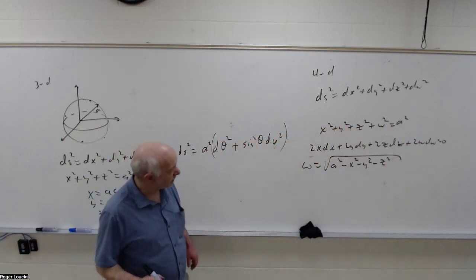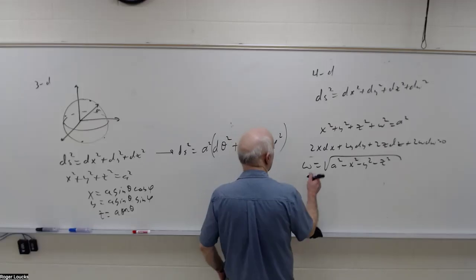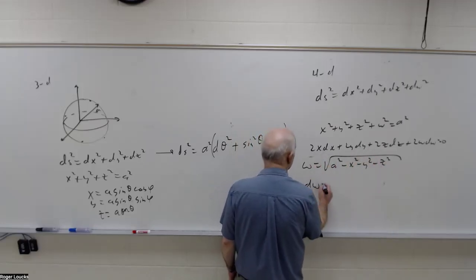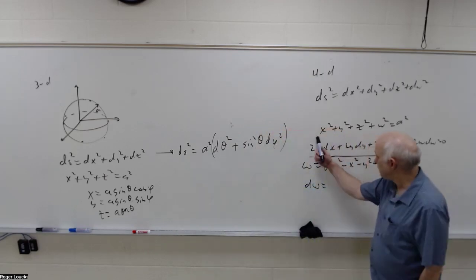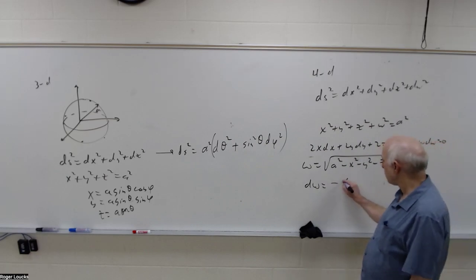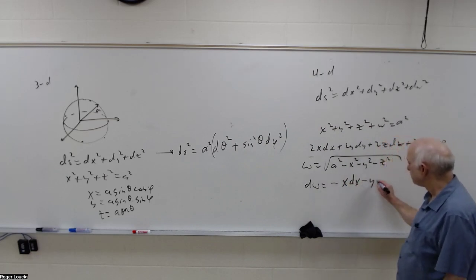If I solve this for dw, this dw is negative of all of this divided by this w here.